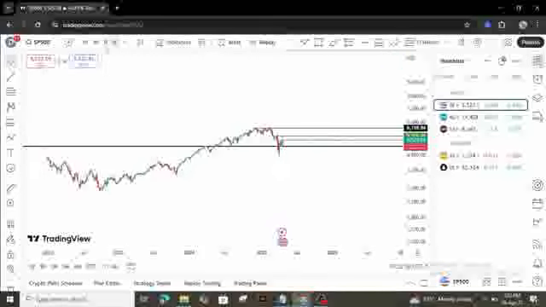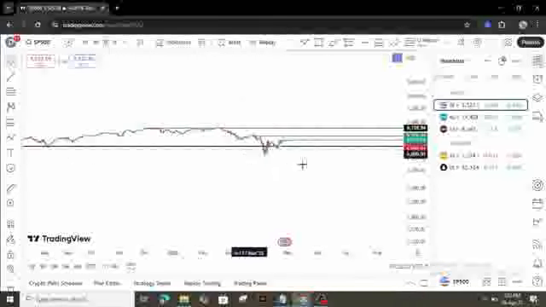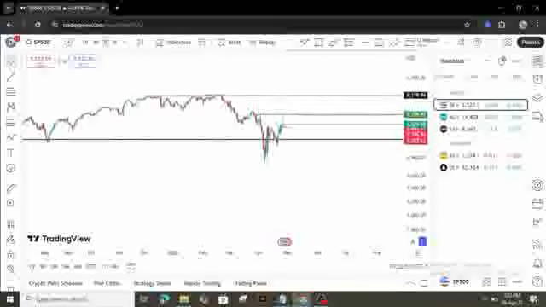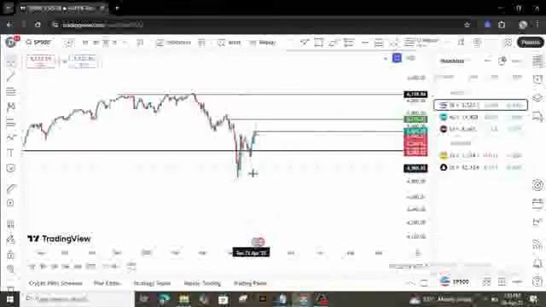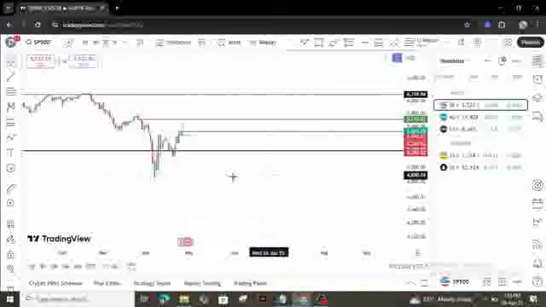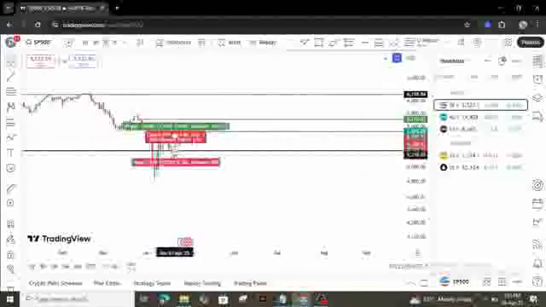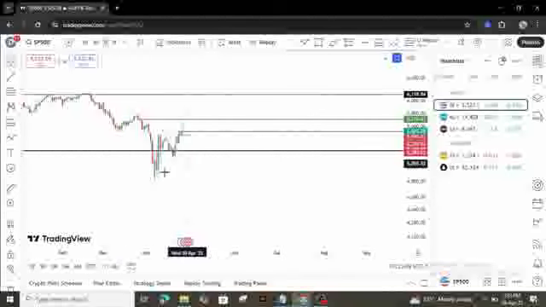So you can come to the daily time frame now. When you come to the daily time frame, as you can see, this is the pullback that happened due to tariff. And the market has started pushing back to the upside from here, then pushes up, retests this particular neckline, this particular support level, and then pushes to the upside.